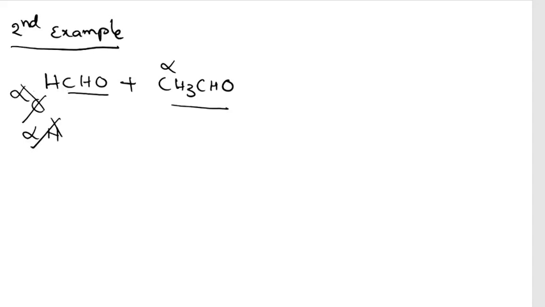But this acetaldehyde has alpha hydrogen. So there is a chance of production of a carbanion from this acetaldehyde, which is nothing but CH2CHO minus, and this nucleophile readily attacks the carbonyl group of formaldehyde, so let us see what type of product we can expect here.